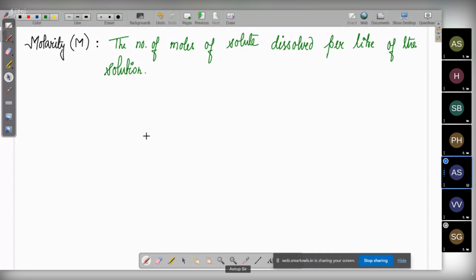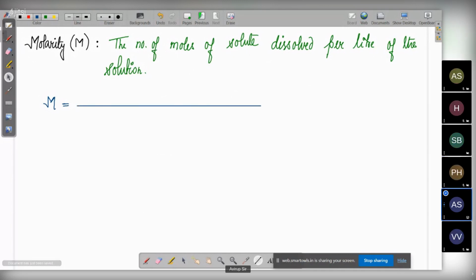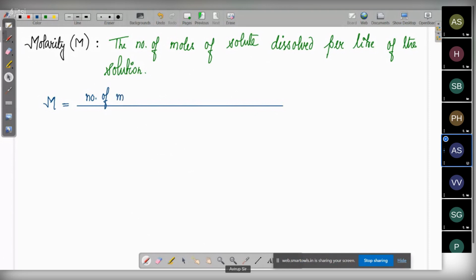So if we express this in a formula, how does it look? Molarity, capital M, is equal to the number of moles of solute in the numerator.